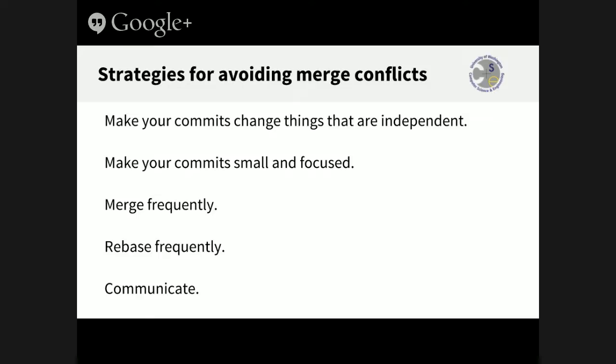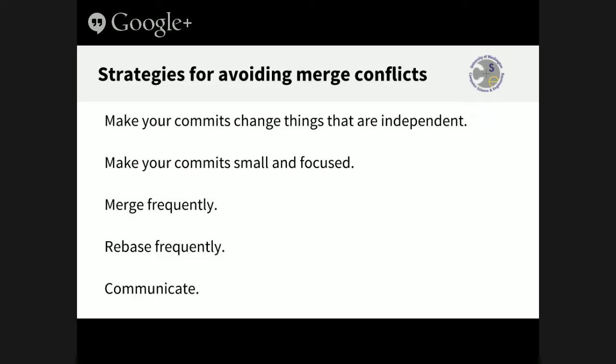Obviously you want to merge frequently so that you're up to date and you're not trying to develop on something that was based way in the past. Your code base might have changed a lot between when you started working on a feature and when you ended it. That's why you want to work on things that are small and fast, and then you can get them into the code base.